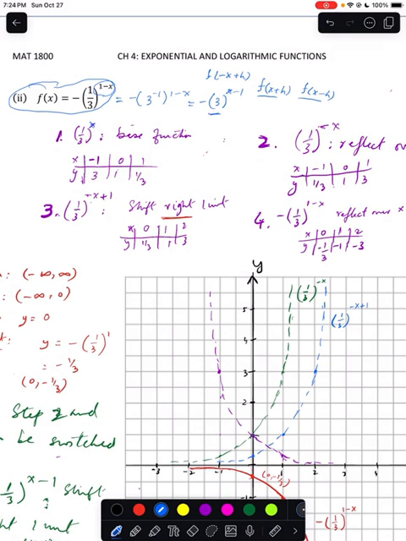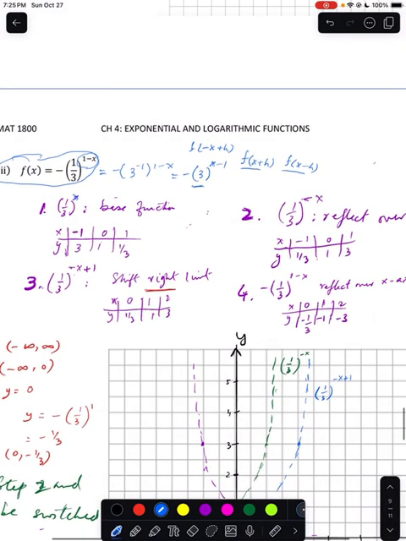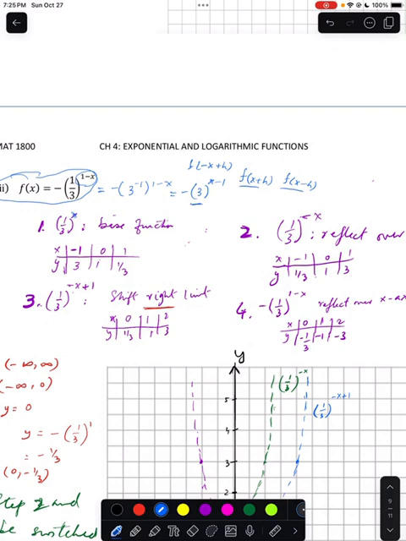So whenever you have negative x, the best way is to factor out the negative and then simplify. For example, we could also have done it this way. Actually, I did it that way. We have 1 over 3 raised to the power of negative x plus 1.